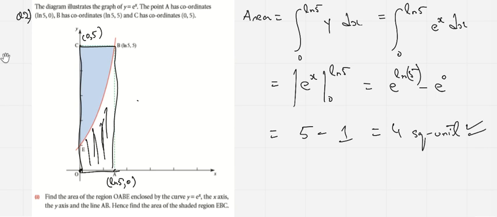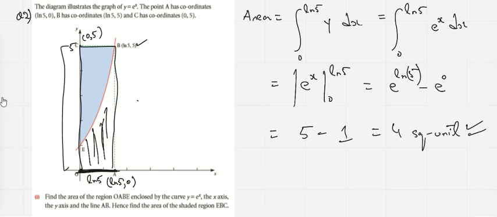So you see this rectangle OABC has width equal to ln 5 and length equal to 5 units. The width from here to here is equal to ln 5, and the length from here to here is 5 units.